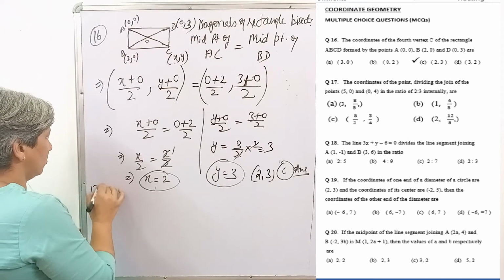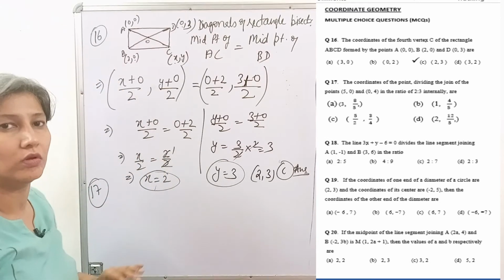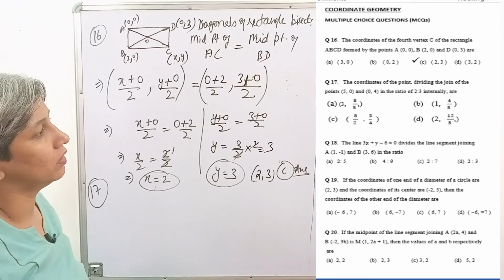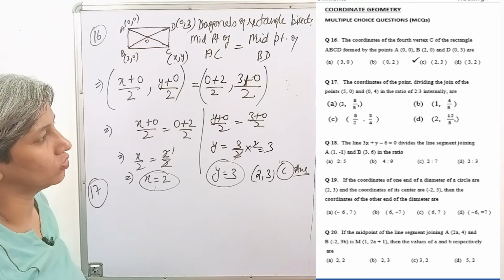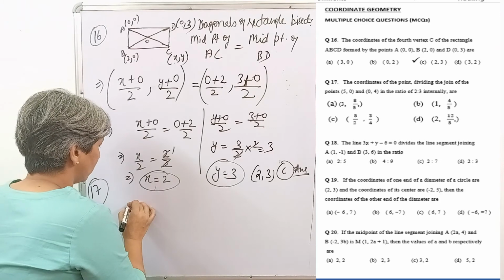So here goes my question 17, that was 16. Now we'll do 17th, which says: the coordinates of the point dividing the join of the points (5, 0) and (0, 4) in the ratio 2:3 internally are, okay, it's a straight section formula.